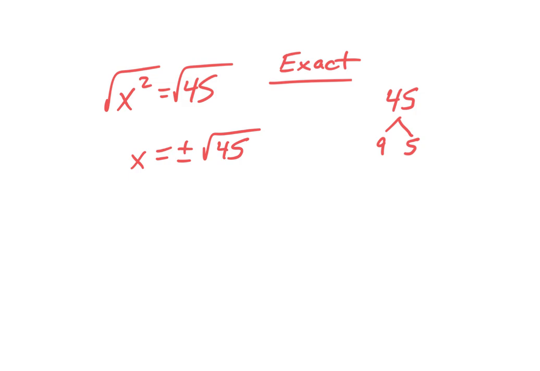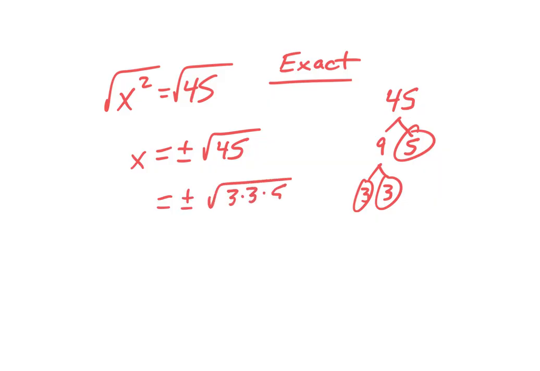Probably the easiest thing would be 9 times 5. 5 does not break down, it's prime. 9 breaks down into 3 times 3. And so as I write this out, it could be 3 times 3 times 5. If I multiply these three things together, it gets me back to 45.